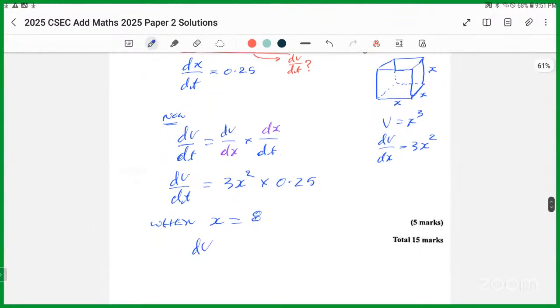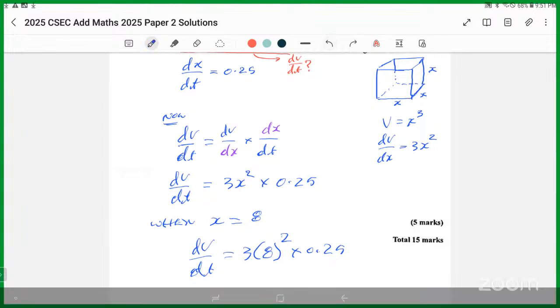The dV by dt becomes 3 times 8 squared times 0.25. That is 64. A quarter of 64 is 16. 16 times 3 is 48.